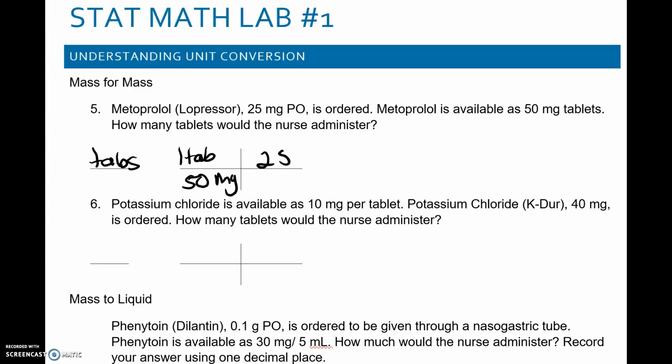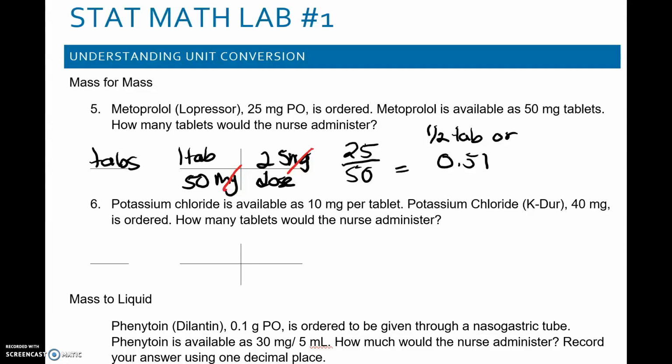We want to give 25 milligrams per dose, right? So when we cross out, we've eliminated our milligrams, and now we'll just multiply straight across. 25 divided by 50 equals 1/2 tab or 0.5 tabs.